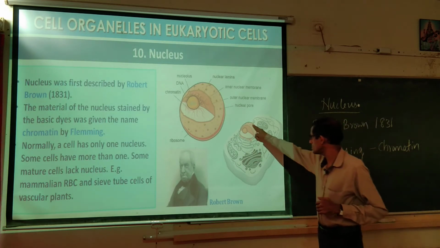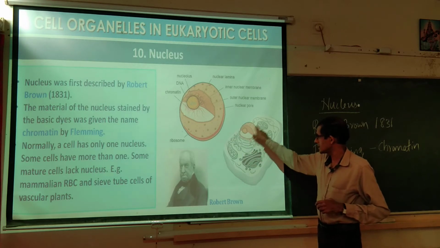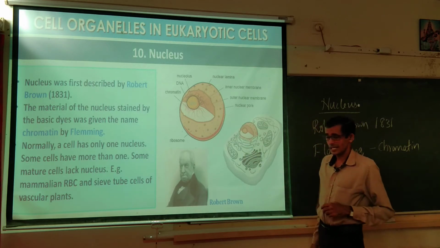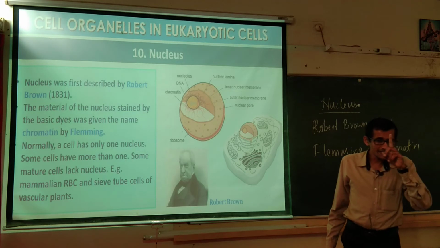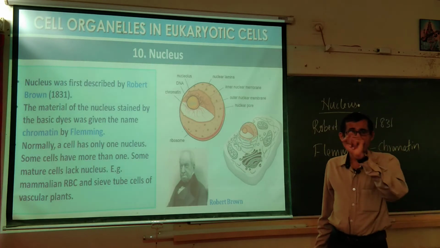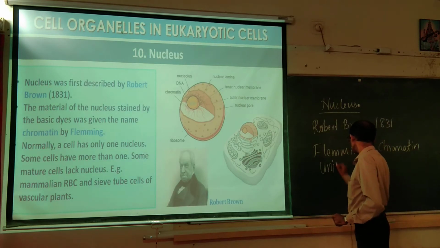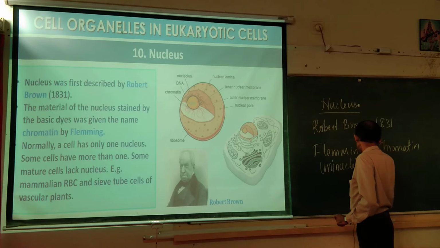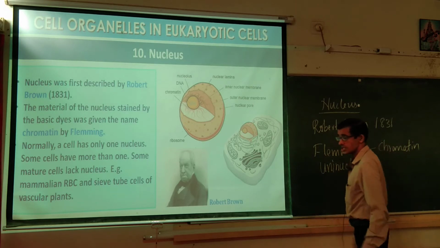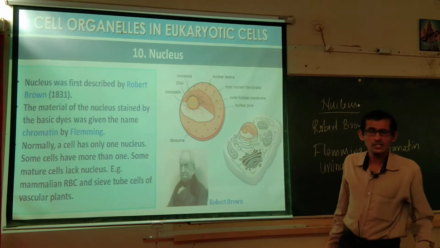So, we can observe the colored particle, the nucleus, in the cell. Then a single cell has a single nucleus, the uninucleate condition.